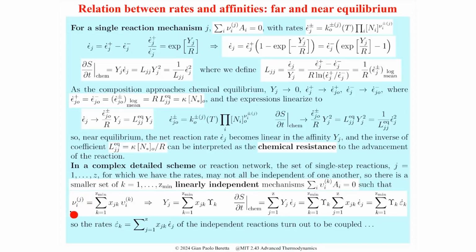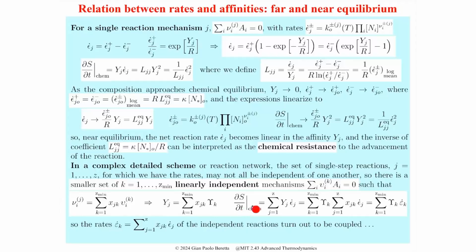So all the other reactions, for example, the 24 for hydrogen, are linear combinations. So these x are the linear combination coefficients of the independent ones. And due to the linearity of the way the affinities are defined, also the affinity of the J reaction is the same combination with the same linear coefficients of the affinities of the independent ones.